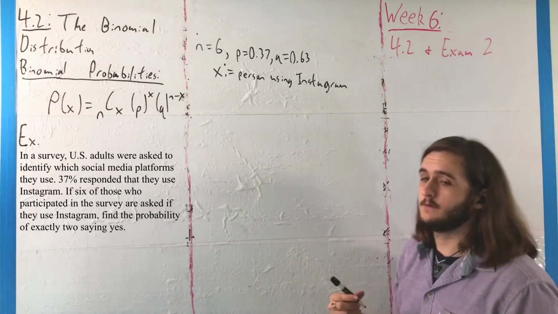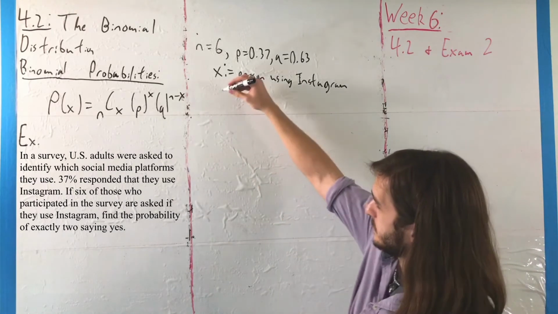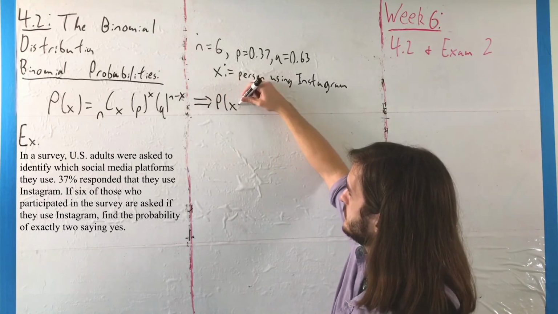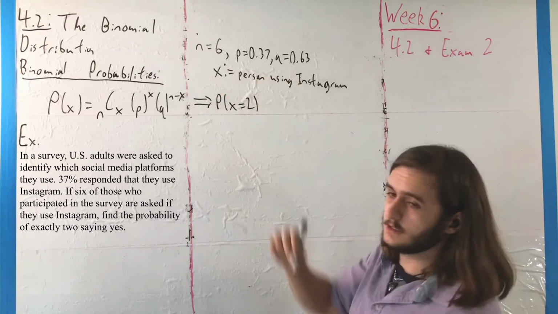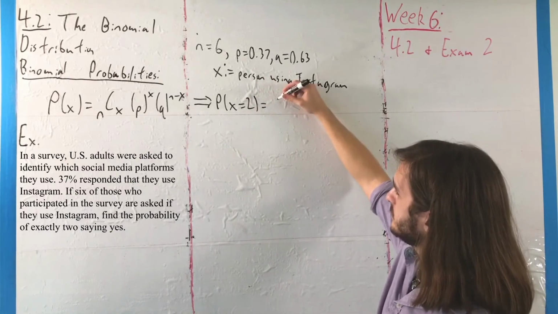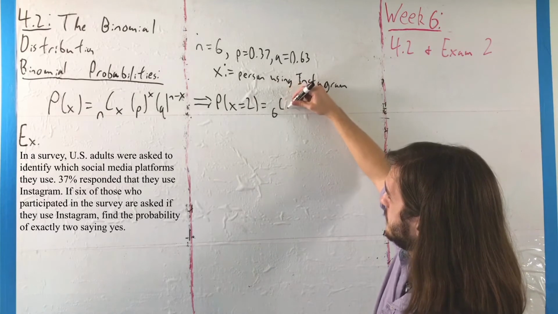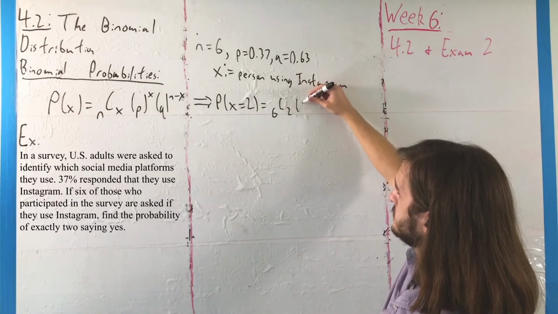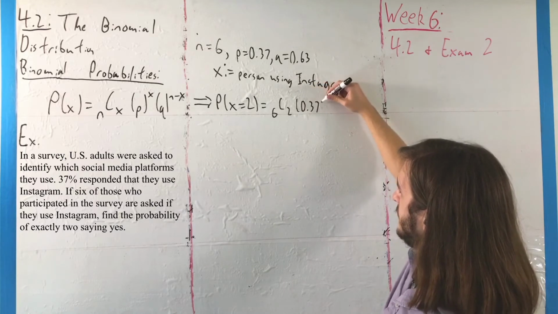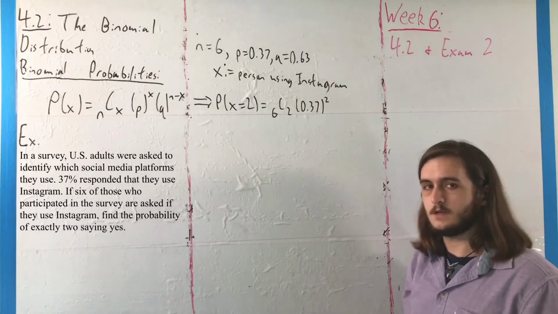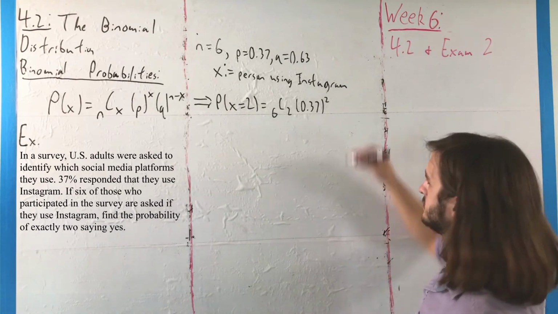If we want to find that probability, we can just use that formula. We want to find the probability that X is exactly 2. We have exactly 2 people in that group of 6. Well, we have 6 of them and have to pick 2. Each of those 2 has a 37% chance of being as we want.